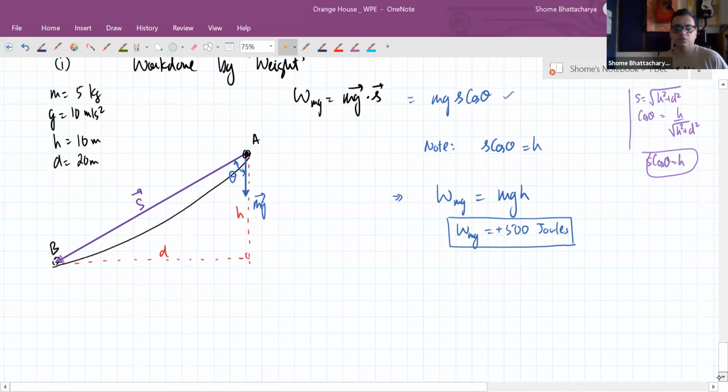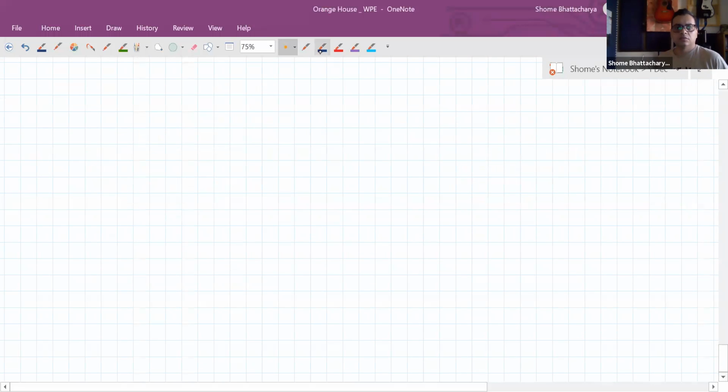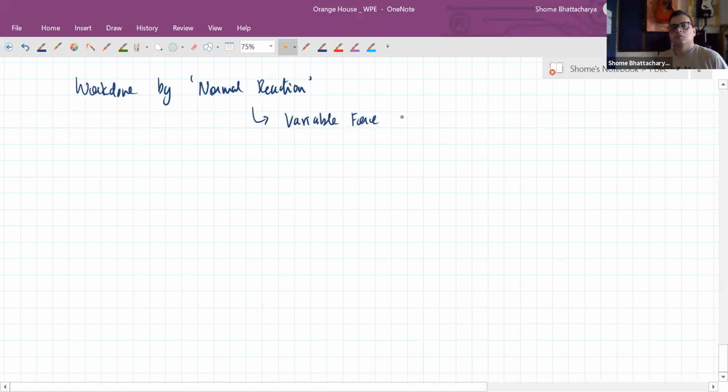Okay, now let's come to the work done by the normal reaction. Okay. So this is a variable force. So we have to calculate work done by integration of normal reaction over displacement.